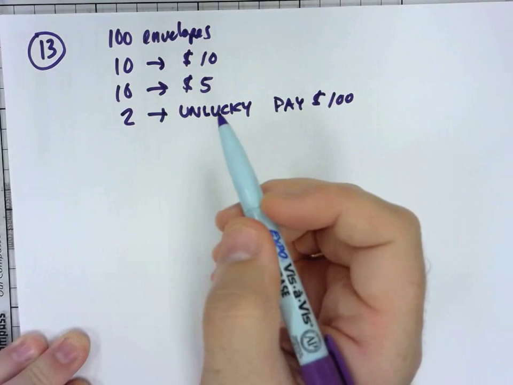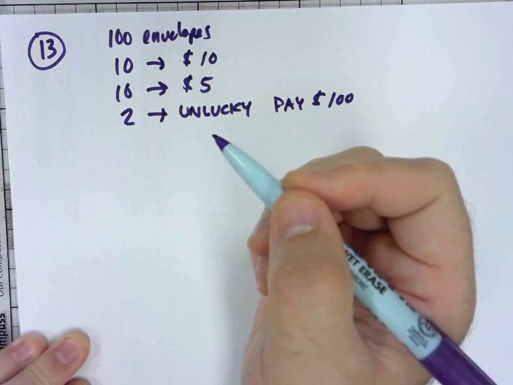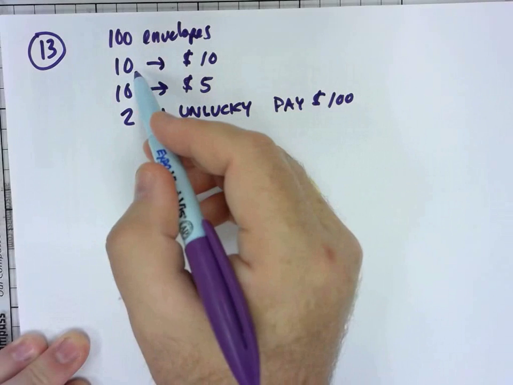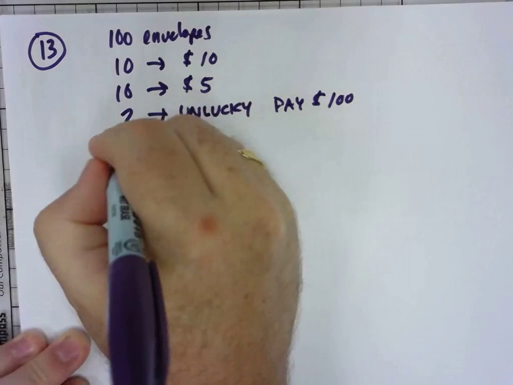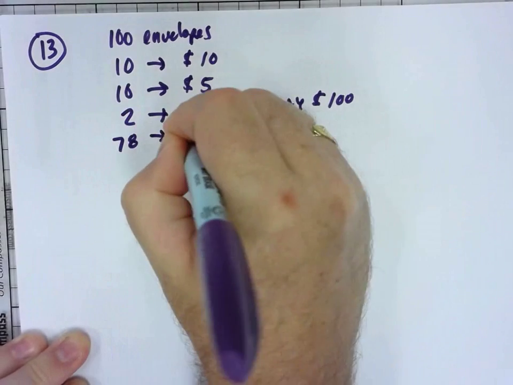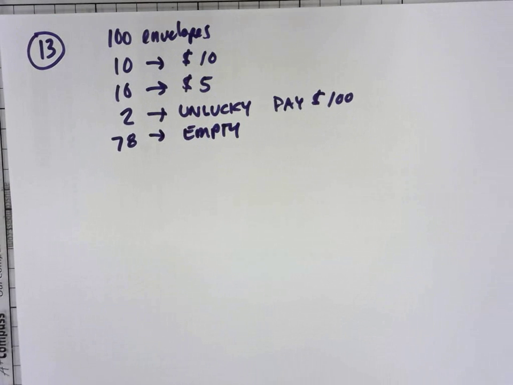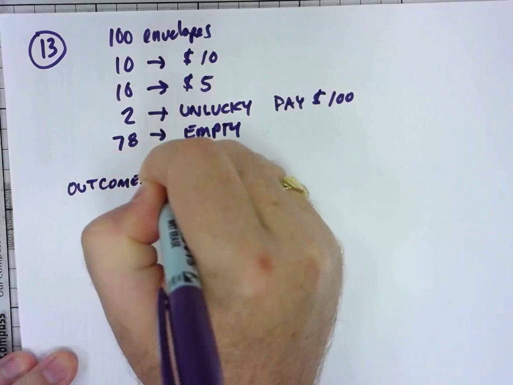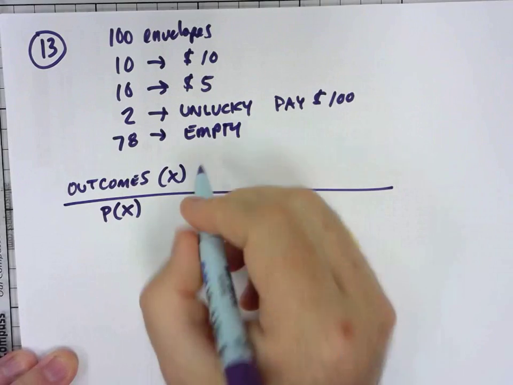And then the rest of them are what? Just empty? So how many are empty? What's 100 minus 22 on your calculator? 78 are going to be empty. So that's just writing down the info from the problem. Now we want to set it up. We want to, again, look at our outcomes, which is our x, and we want to look at the probability of x occurring.